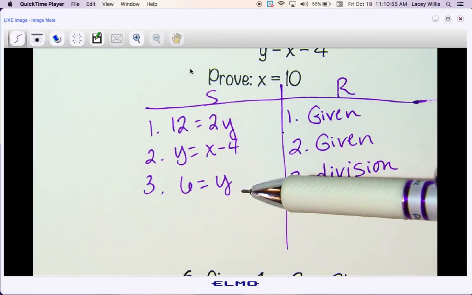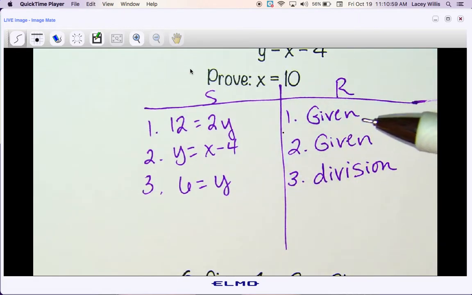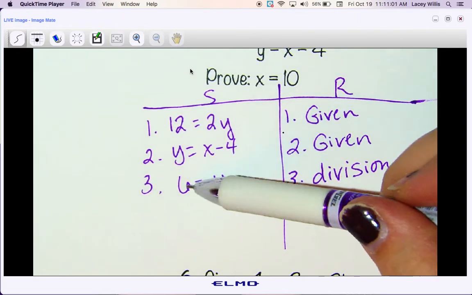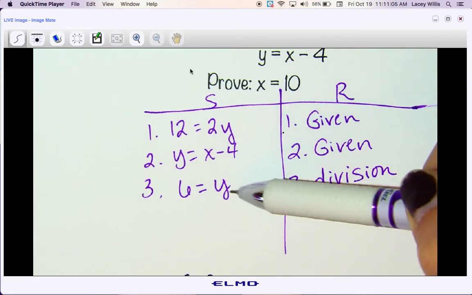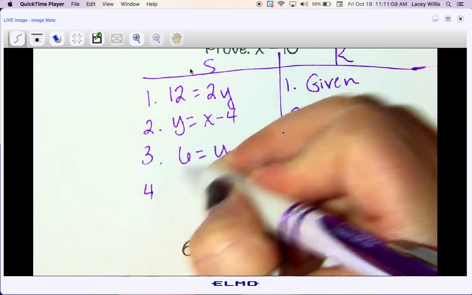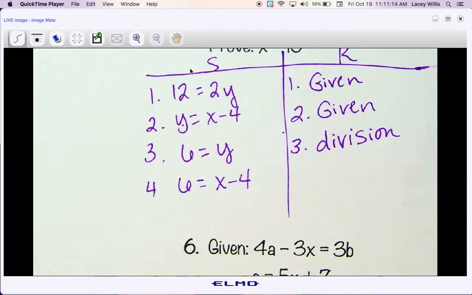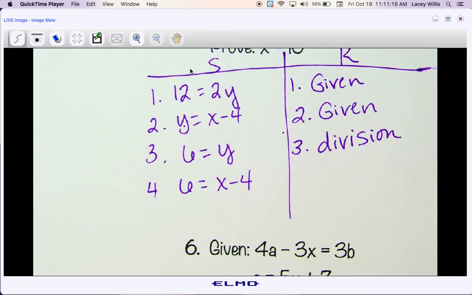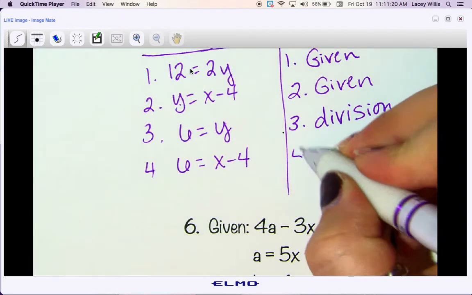What can we put in place of y based on this line? 6, right? This tells us that y is the same thing as 6. So I can take any y out of an equation and put 6 in its place. Does this make sense if I take this y out and put 6 there? That makes sense to everybody? What's that called? Substitution.